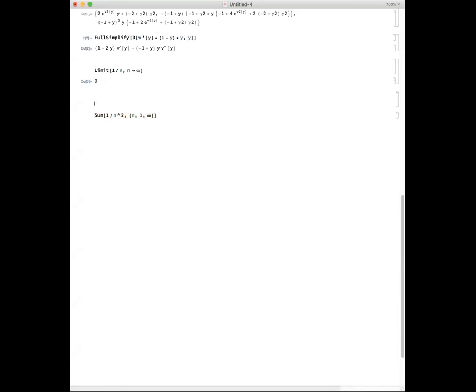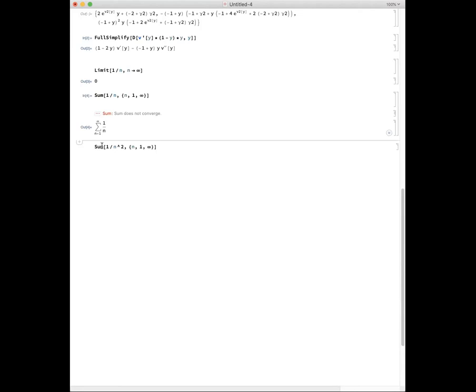Before, I was summing 1 over n. That was the one we just did, and you can see Mathematica doesn't like it. It says it doesn't converge. That's like Abbott. He doesn't like to say that it converges to plus infinity. I'm a bit more liberal there. I'm okay with converging to plus infinity. So 1 over n summed up to infinity doesn't converge to something finite, and Mathematica doesn't like it.